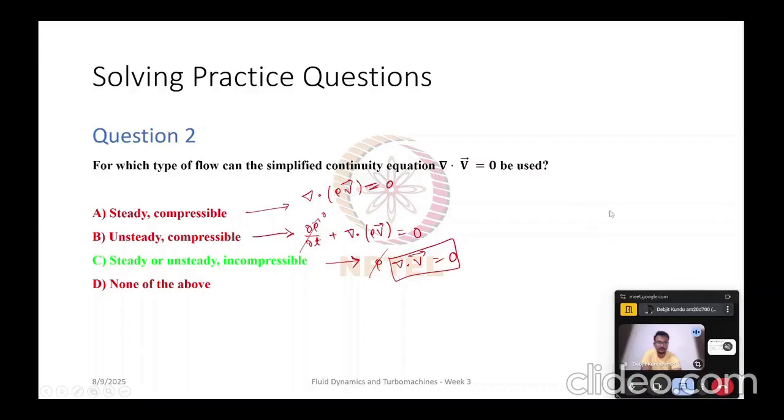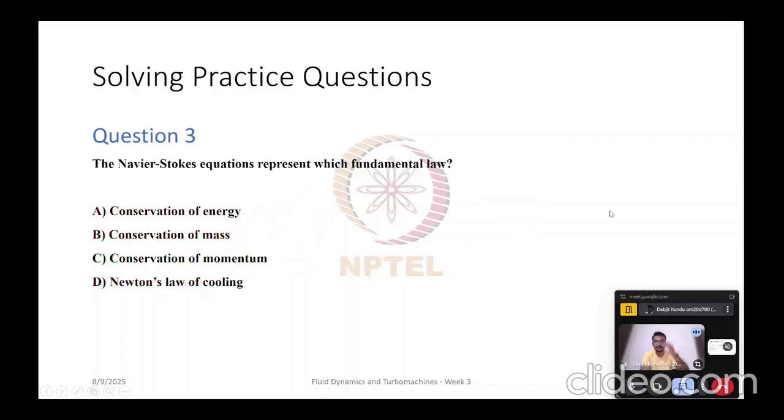Okay, so let's move along to the next question, which is question number 3 of today's session, which is asking us that the Navier-Stokes equations represent which fundamental law?